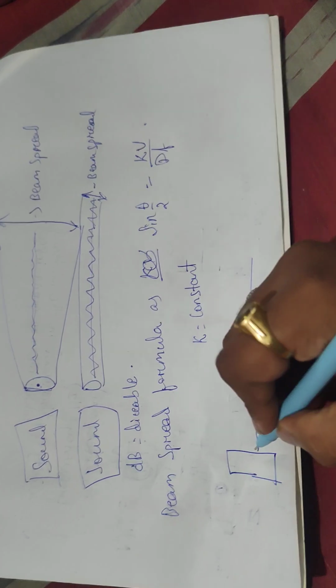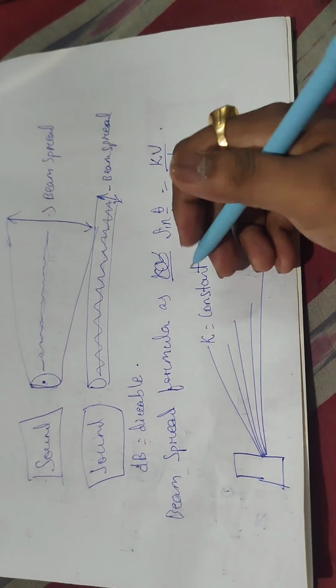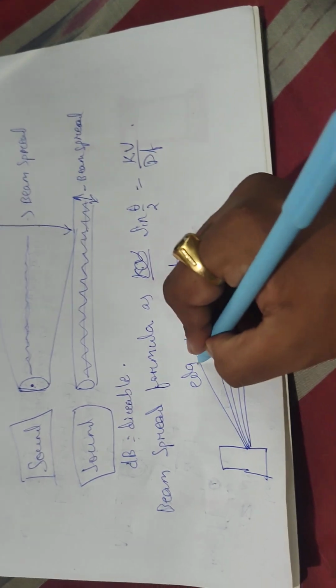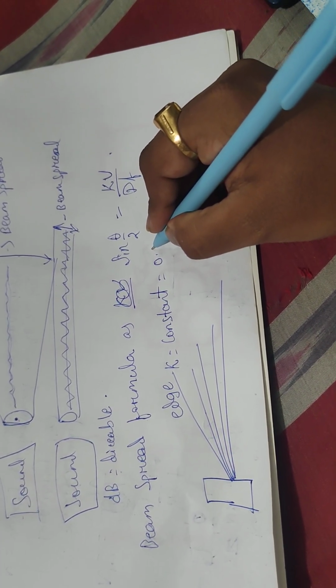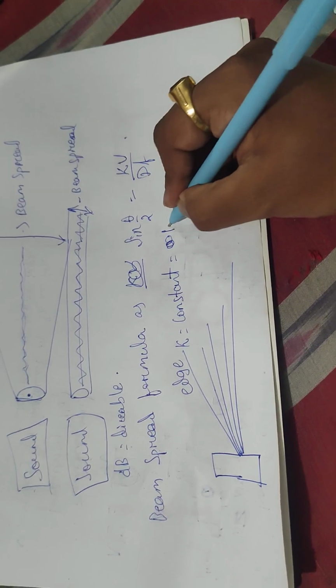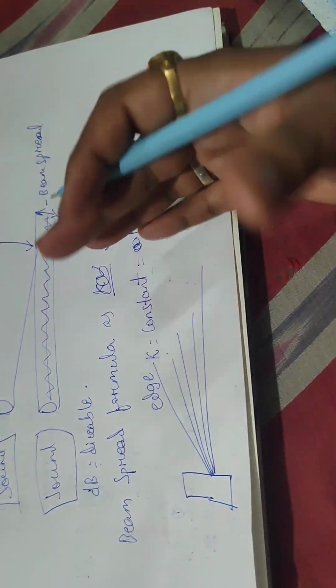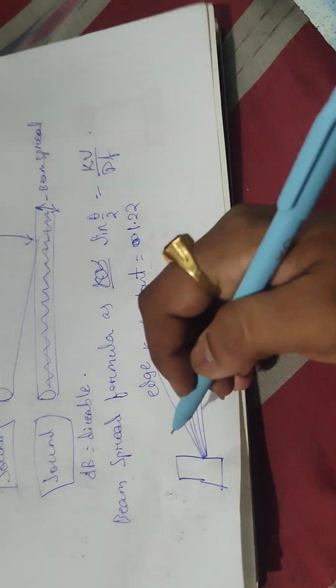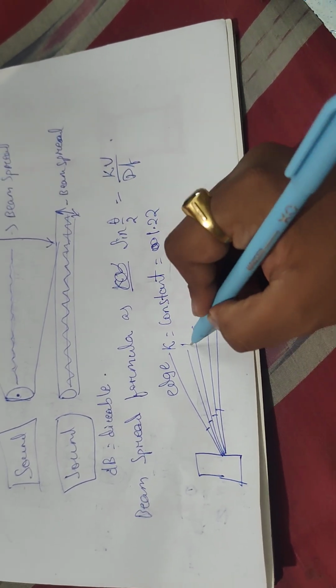Here the edge k value will be 1.22, and it has a different value at a different angle.